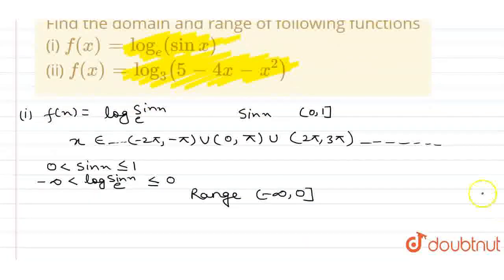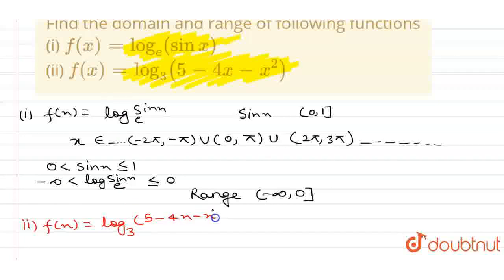Okay, so our second function here, that is f(x) equals log of 5 minus 4x minus x squared to the base 3. I have to find the domain of this function.